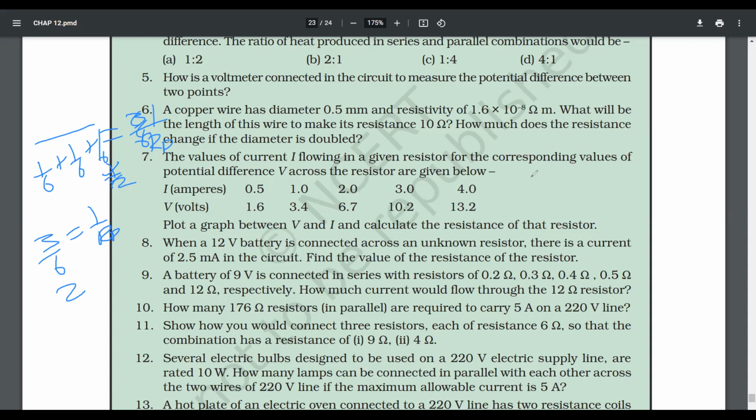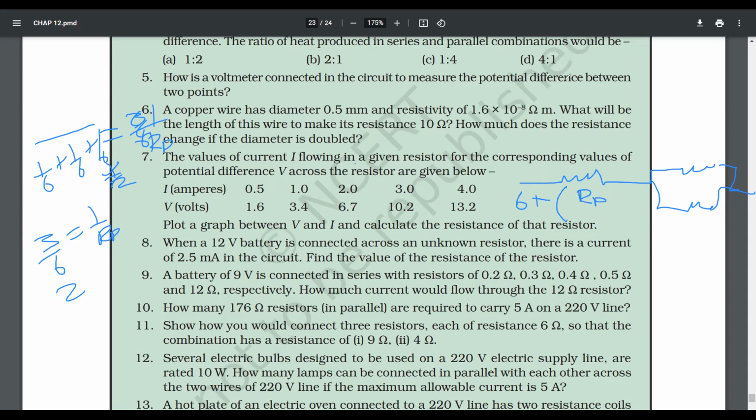Then we have to find the other combinations. So for example, we connect 2 of them in parallel and 1 of them in series. You do this, and then you have 2 of them in parallel. Then we have 6 plus RP.